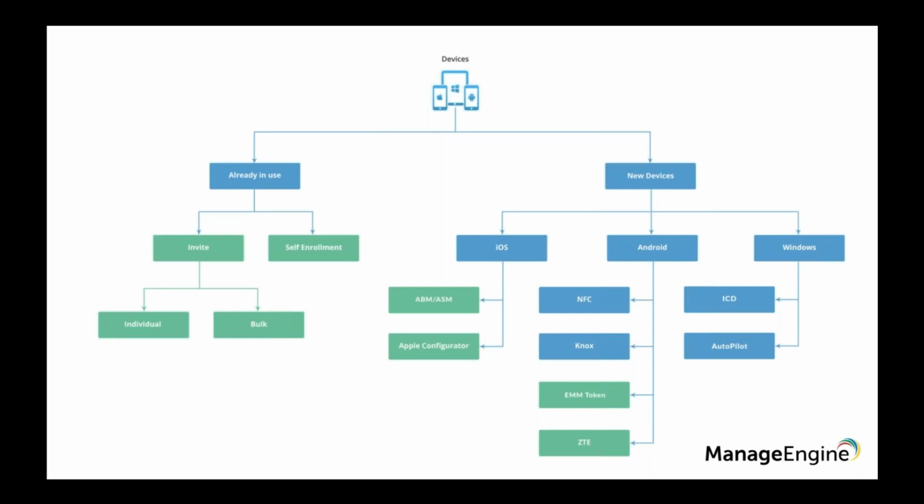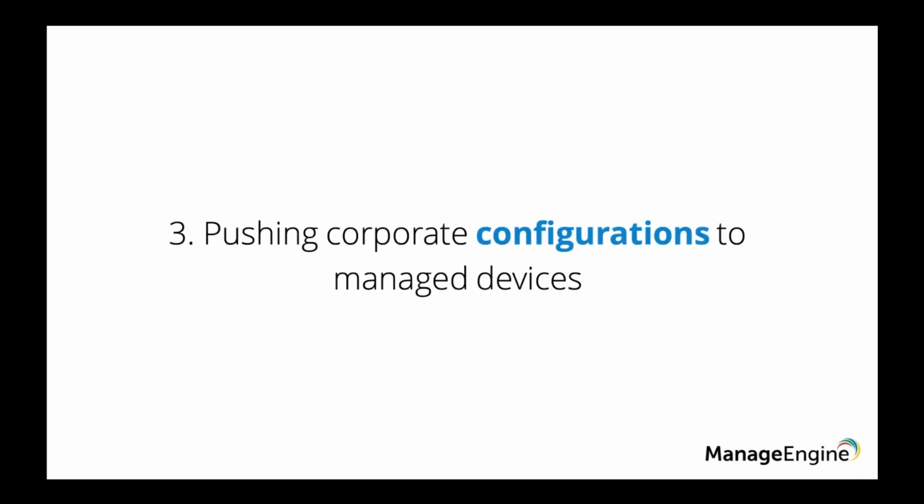Even ADB enrollment is available for custom Android or rugged devices. And for Windows, again, we have Windows ICD enrollment or the Autopilot enrollment that can be used. Autopilot is something that is similar to your Zero Touch and your Apple Business Manager services. So there are a lot of enrollment options that you can use to enroll the devices into the solution.